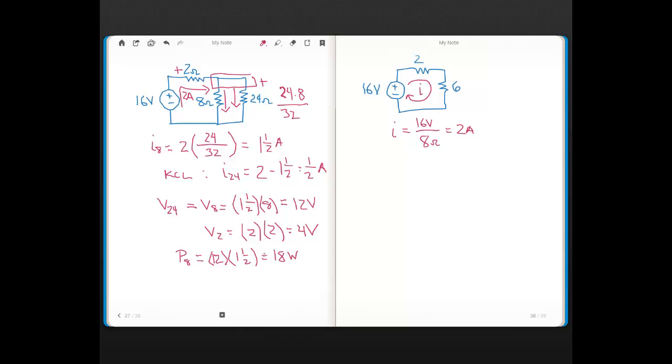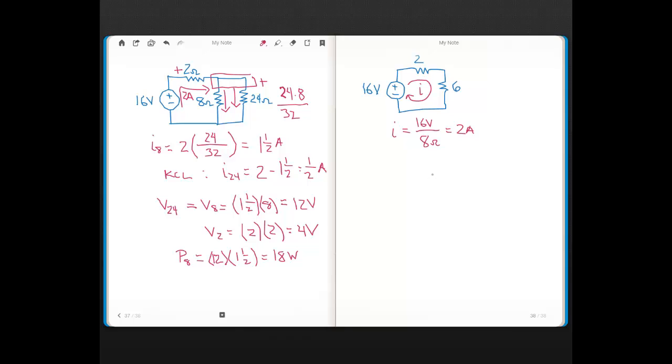That's an example of power for one of the resistors, and you could find the powers for the other 2 resistors the same way. Find the power being supplied by the source, and then those powers should equal, because remember, one of the conservation principles is that in a circuit, power supplied equals power absorbed. So that's a little exercise that you could do on your own for some added practice.